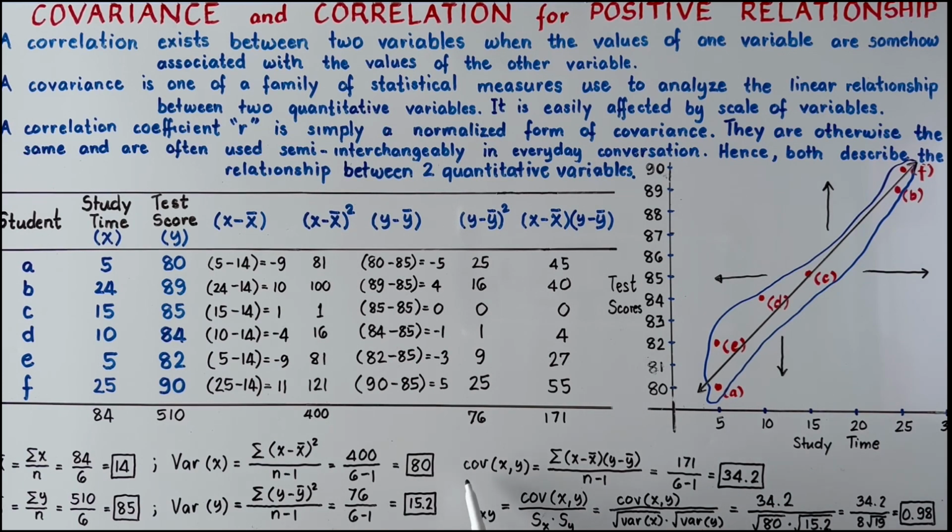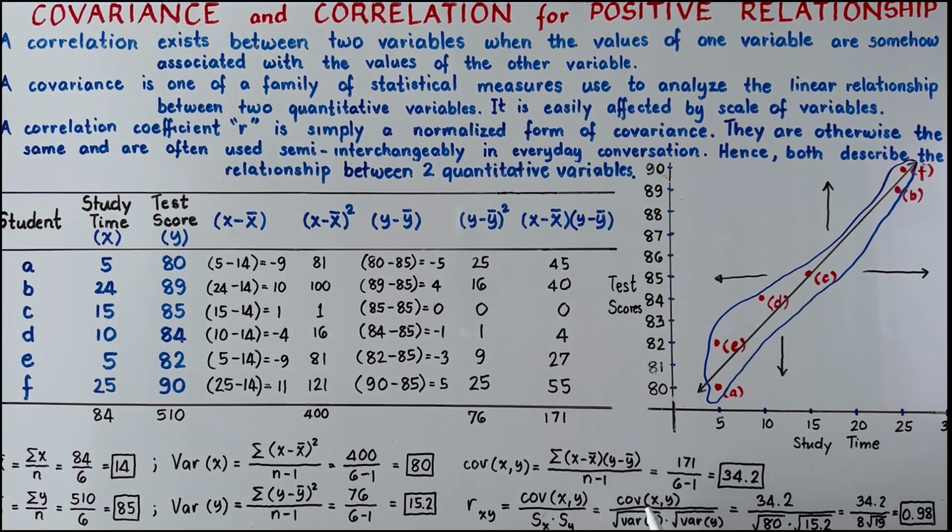And the covariance has a positive value of 34.2. Both of them give the direction of the relationship, that it is positive, that they have a direct relationship. But only the R value gives you the strength of the relationship, because this is a standardized or normalized form of the covariance.